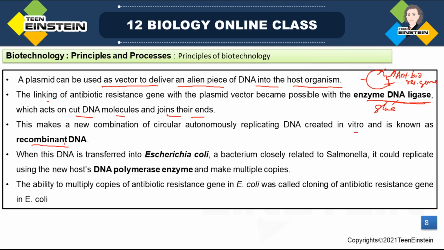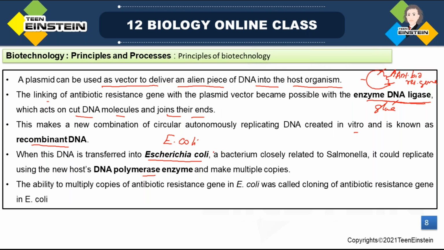So that is called recombinant DNA. When this DNA is transferred into Escherichia coli, that means E. coli, a bacterium closely related to Salmonella, it could replicate using the new host DNA polymerase enzyme. Polymerase means for polymerization, or for making multiple copies.